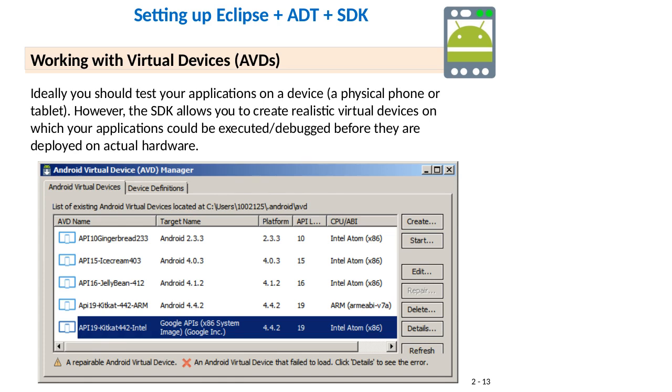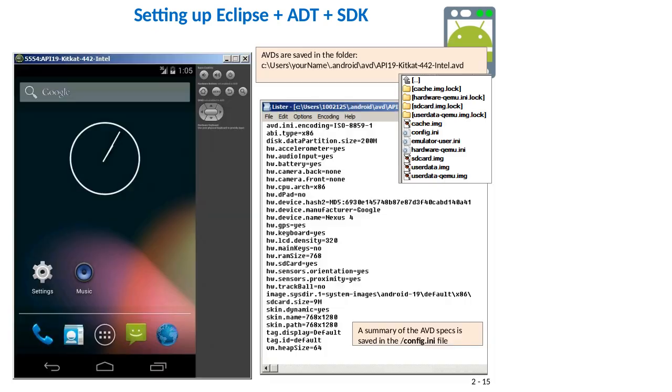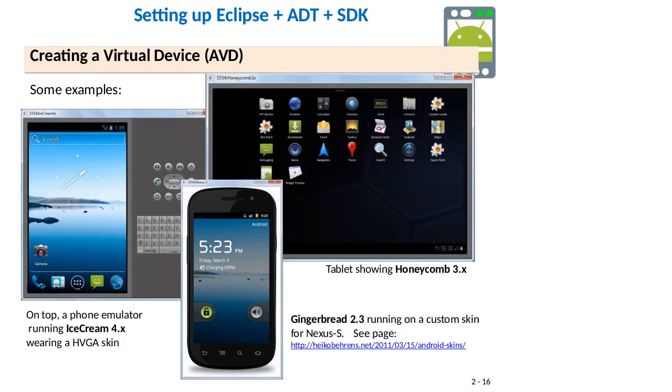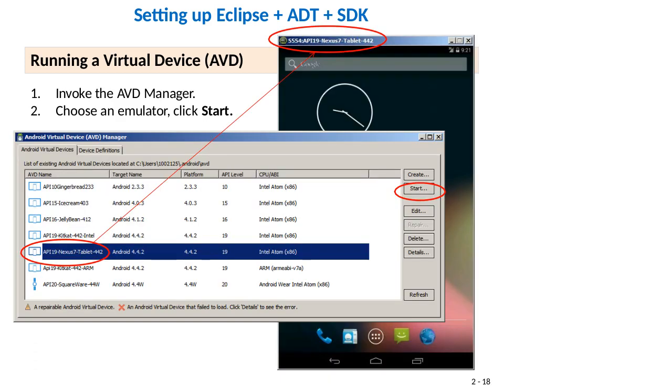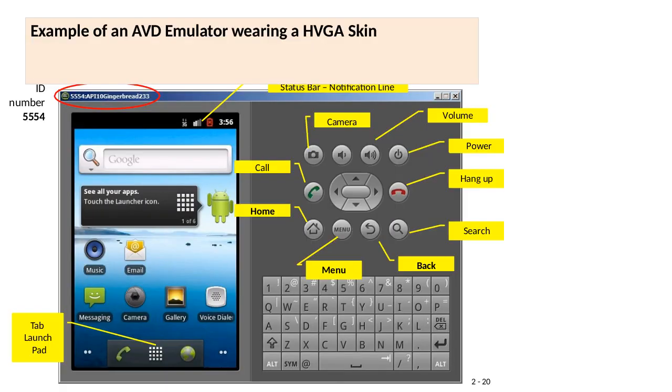But in our case, I think we said we'll use Android Studio because it's the official IDE for developing Android applications. Those slides just explain how you can set up Eclipse, so I'm just going to skip them and go to setting up Android Studio.